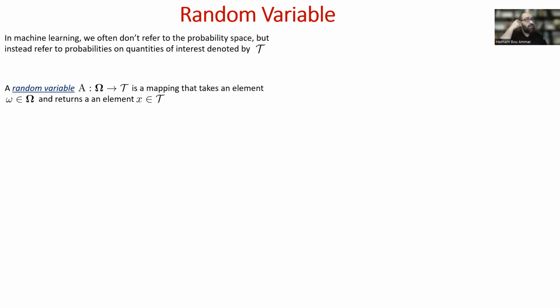We will come to a lot of examples about this. But just to understand, the random variable is going to take something from our space omega, and then map that to an element in a set we are interested in, which we call T in this example.